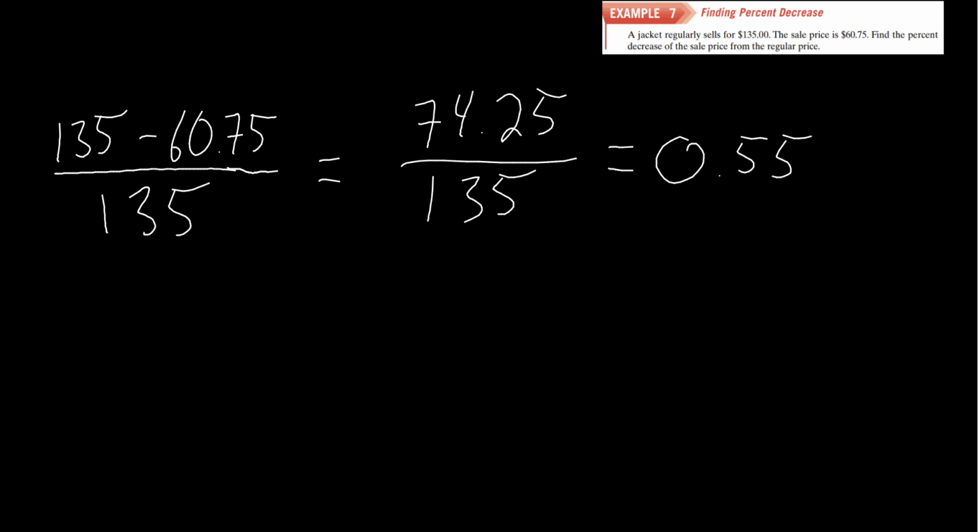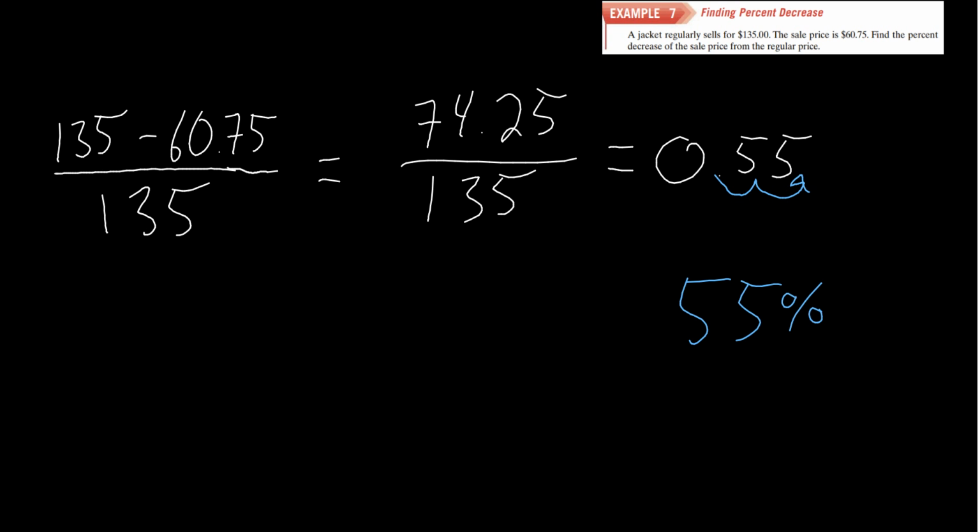But 0.55 doesn't tell you anything, right? We have to convert this to a percent, and again, we take this decimal and move it over, and it turns into 55%.